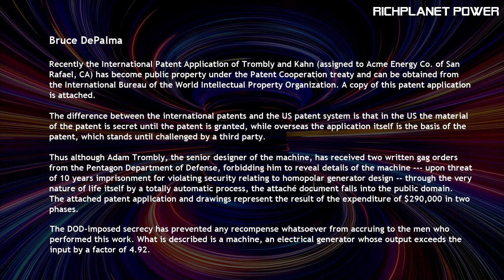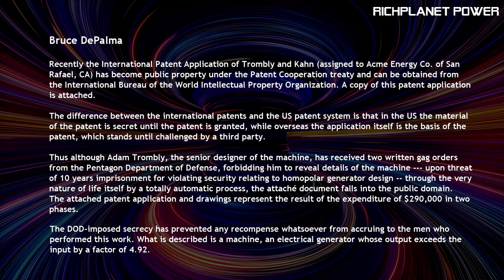Thus, although Adam Trombley, the senior designer of the machine, has received 2 written gag orders from the Pentagon Department of Defense forbidding him to reveal details of the machine upon threat of 10 years imprisonment for violating security relating to homopolar generator design, through the very nature of life itself by a totally automatic process, the attached document falls into the public domain.